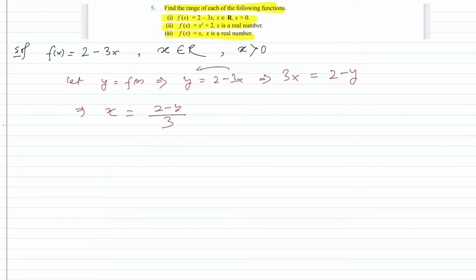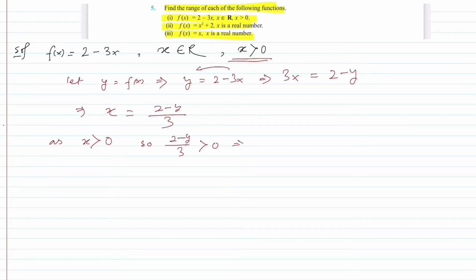Here you see, what are the possible values of y? As x is greater than 0, which is already mentioned in the question, that's why 2 minus y by 3 must be greater than 0.